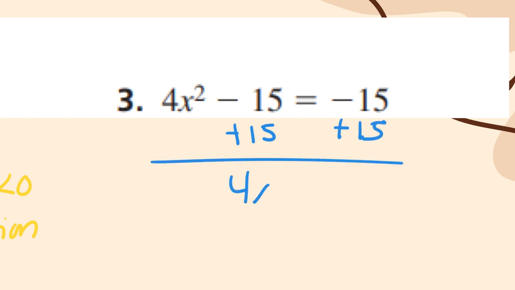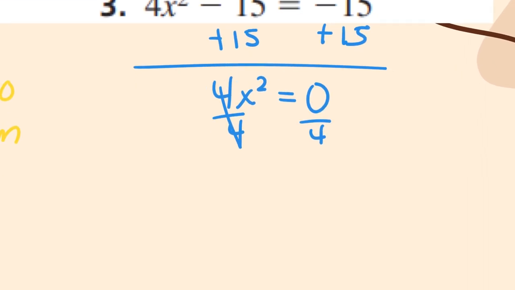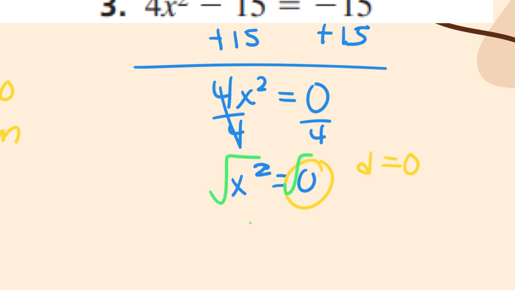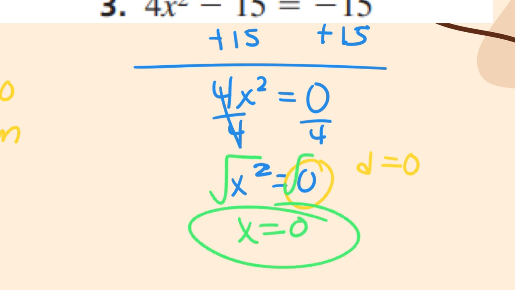I'm left with 4x squared equals 0. Now I'm going to divide by 4, and I have isolated my x squared. X squared equals 0. D equals 0. That means I'm going to have only one real solution. If I square root this, I'm left with x equals 0.